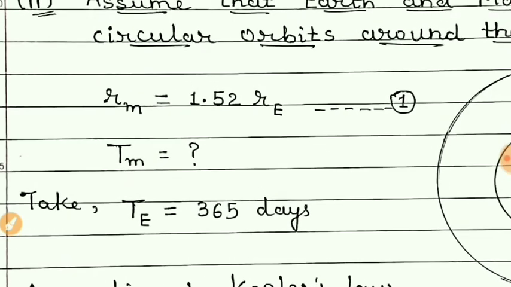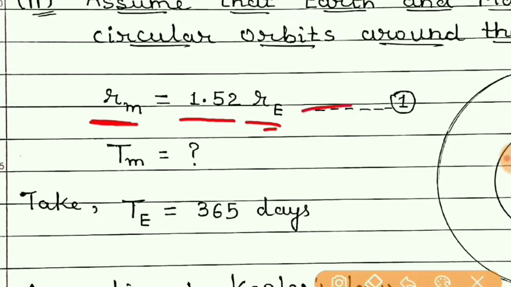Also here it is given that this RM is equal to 1.52 into RE. This is given condition, and we want to find the time period of revolution of Mars around the Sun, and that is in days.